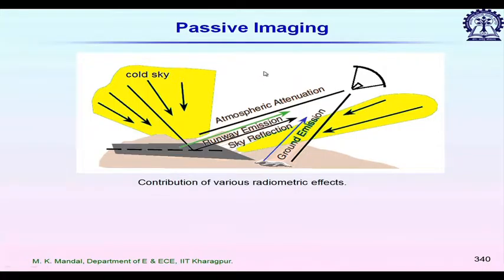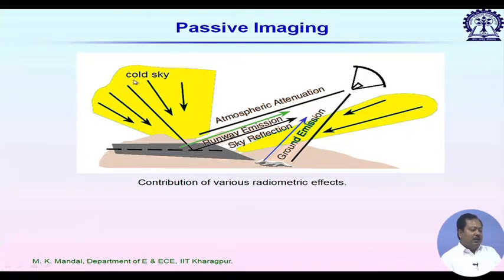Then what are the different sources for illumination in this case? Let me show you this picture. We have downwelling radiation due to the atmosphere, because atmospheric particles behave as secondary radiators, and this radiation comes from all directions. Let us say we are going to image a runway without using any millimeter wave source. We are using whatever power is already available in nature.